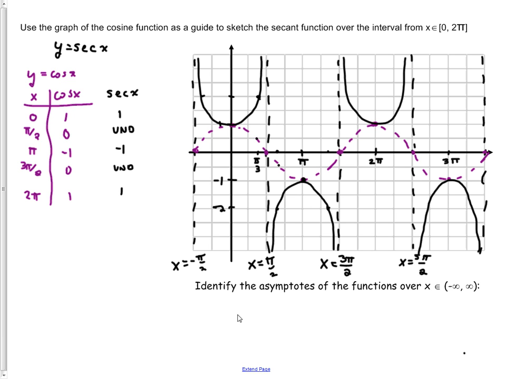Now, as far as identifying the asymptotes, we see that we're dealing with odd multiples of pi over 2. So odd multiples, 2n plus 1 multiples, where n is an integer, of pi over 2 are the locations of the vertical asymptotes of our secant function.